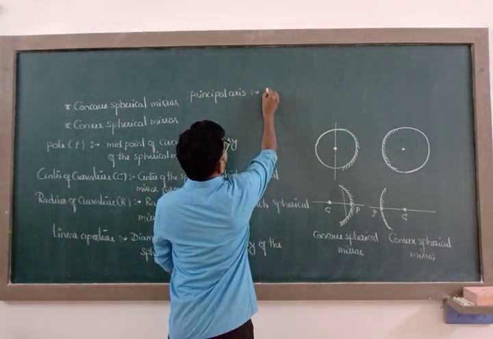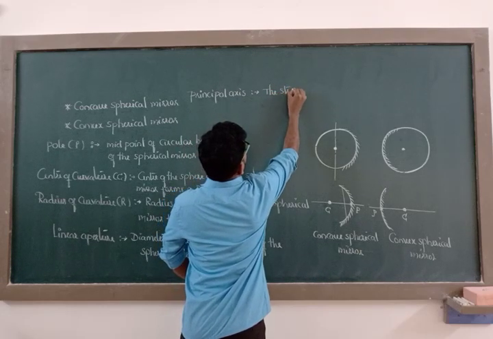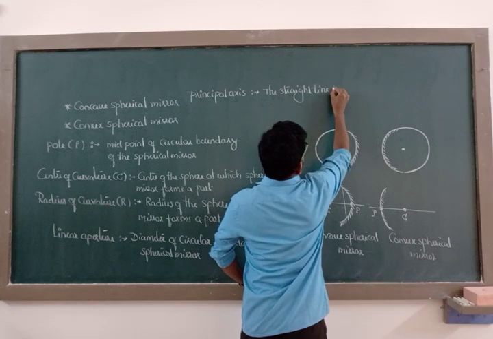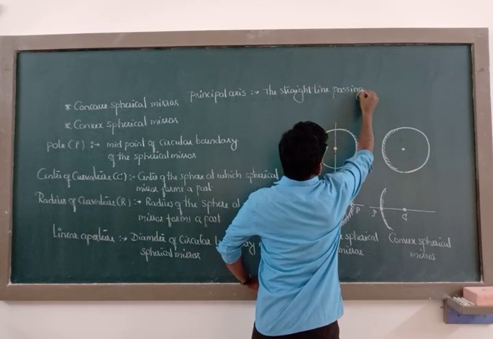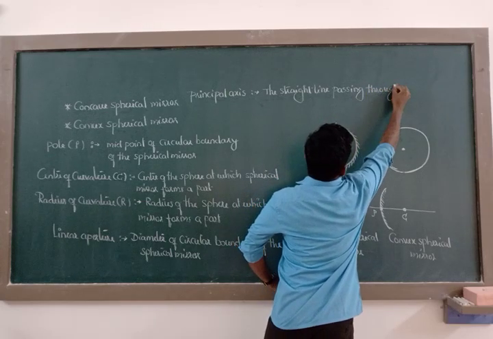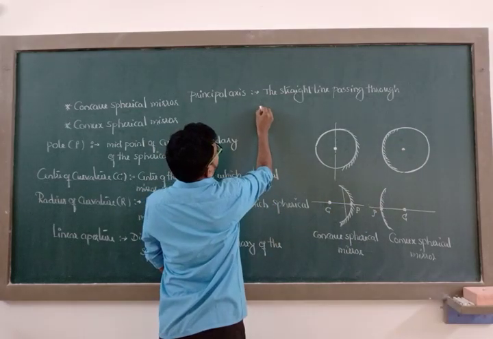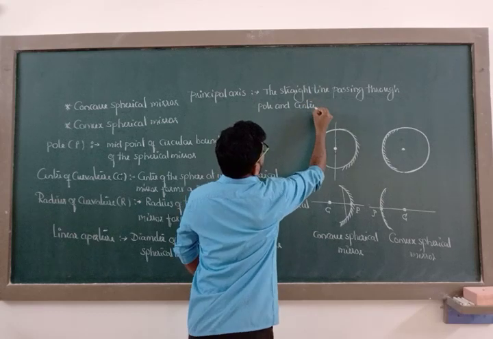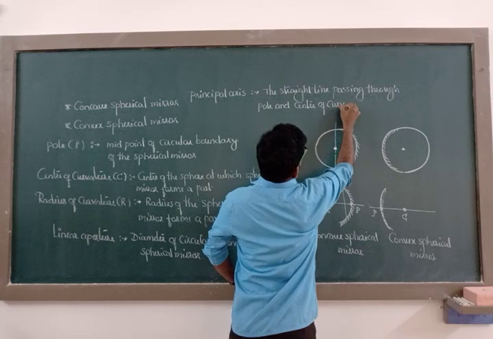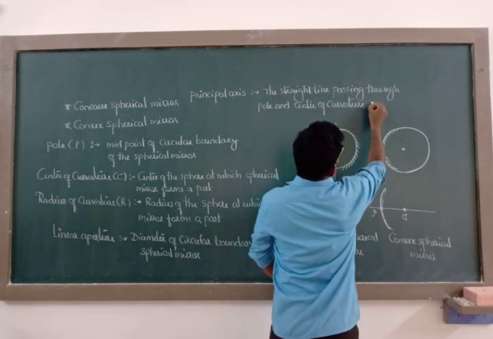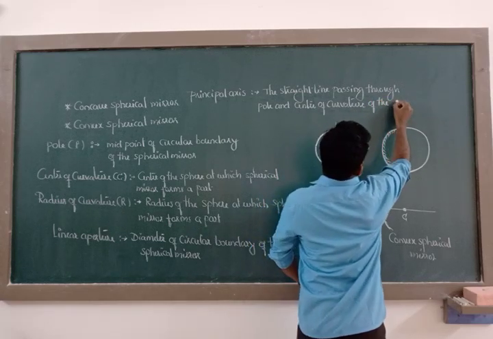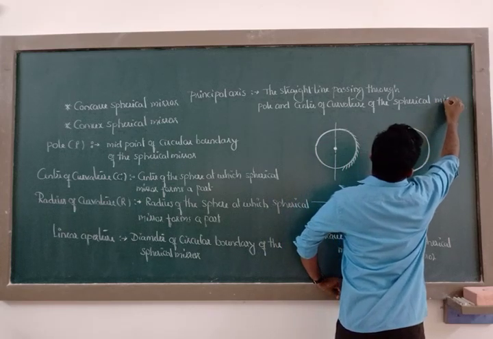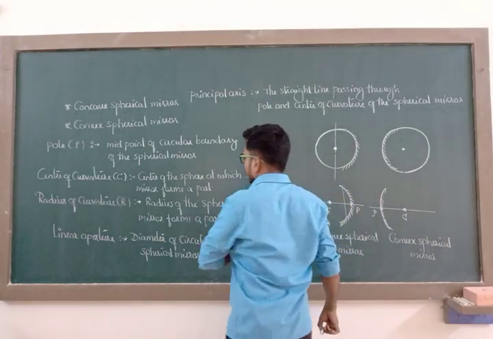The straight line passing through pole and center of curvature of the spherical mirror, so it is known as principal axis.